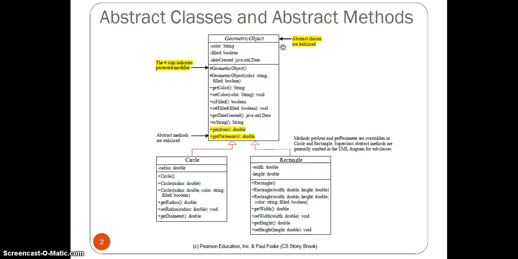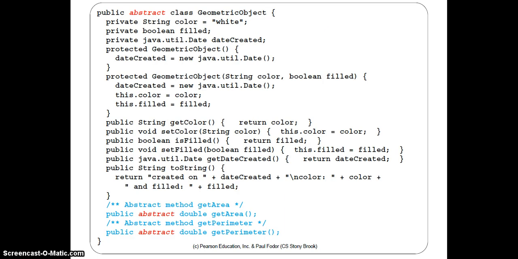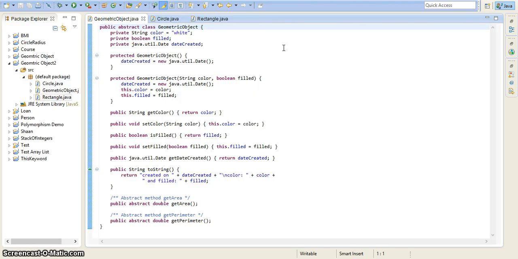Circle has some get and set methods for radius and a get diameter method. Similarly, rectangle has get and set width, get and set height. And essentially they can also use the methods from the superclass because it is inheritance. So this was a quick recap, and let me go to my Eclipse over here.